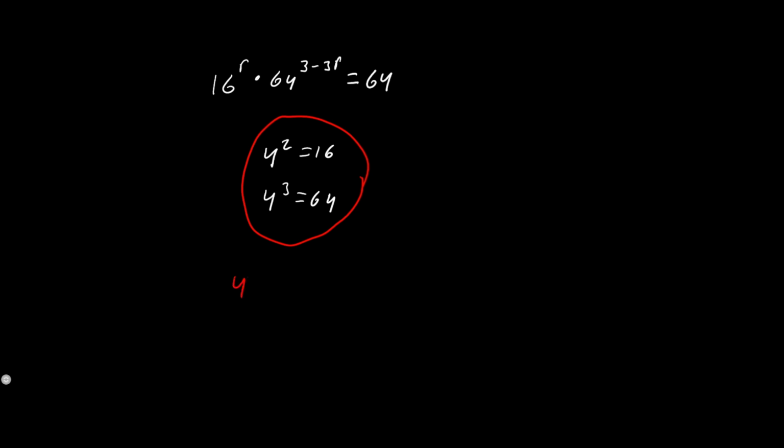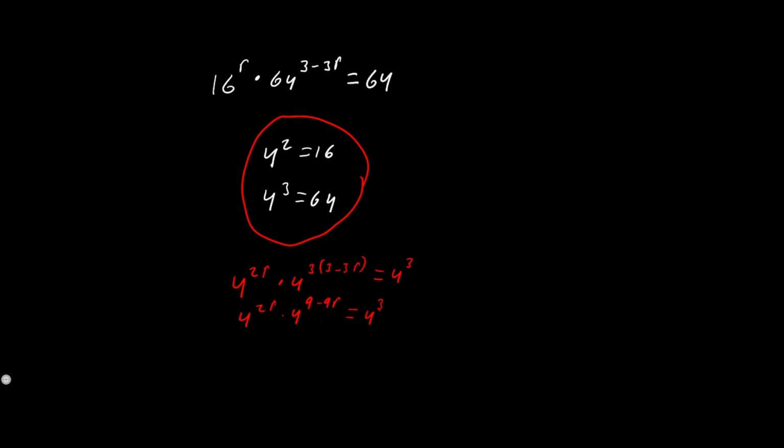Here we have 4 squared to the r times 4 cubed to the 3 minus 3r, and that is equal to 4 cubed. We simplify, where we have 4 to the power of 2r times 4 to the power of 9 minus 9r, which is equal to 4 to the power of 3.